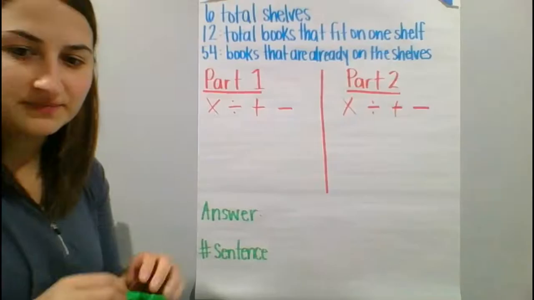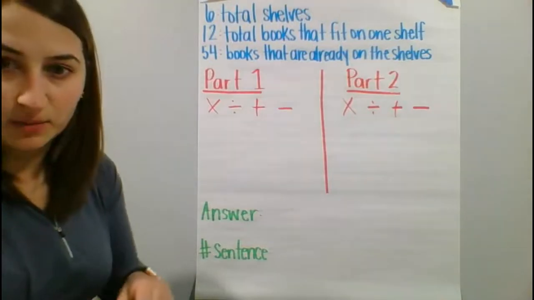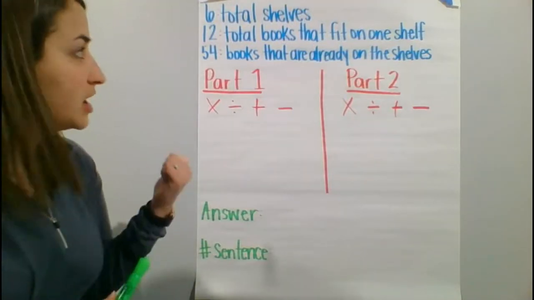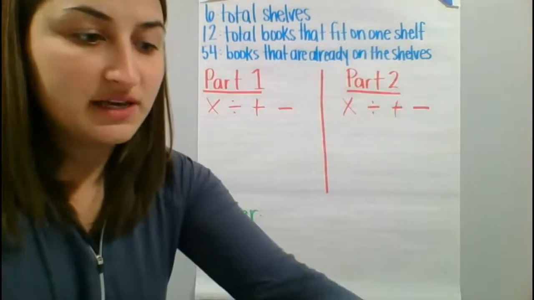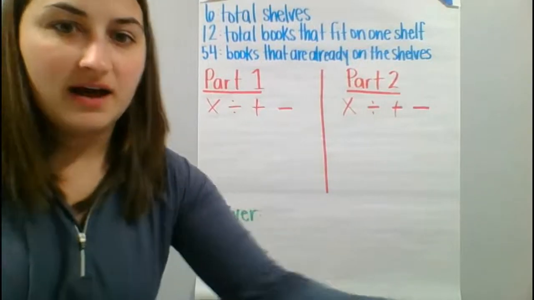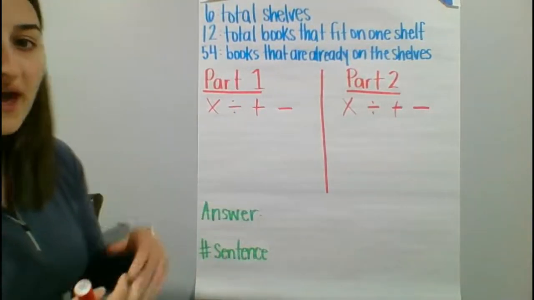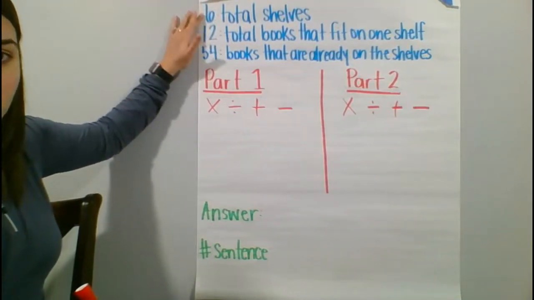All right, ladies, so you should have already solved this problem. We're going to go through and talk about our quantities, some of those clue words that you saw, and how to actually solve this problem. Within the problem, we had 6 total shelves, so that 6 represents how many total shelves we have.